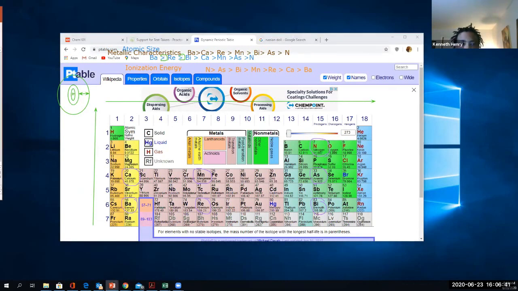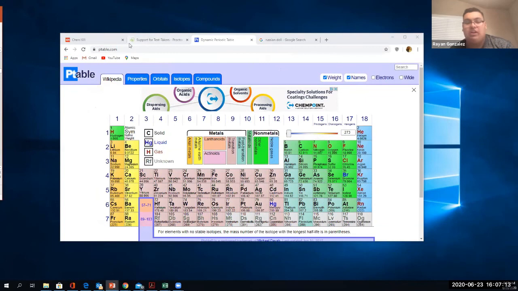Chapter 12. So what do you guys remember about ions? What are ions? Ions could be positive or negative. A positive ion will have a positive charge, so the atom will lose one or more electrons.